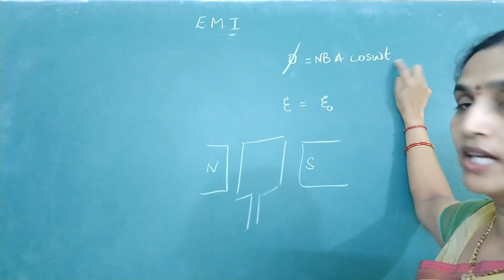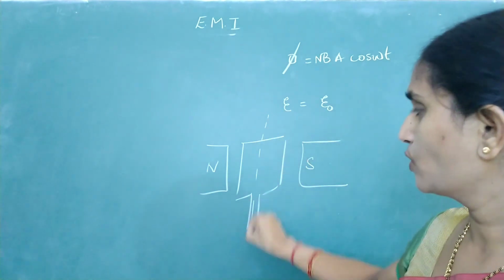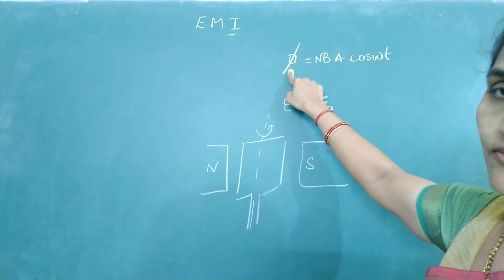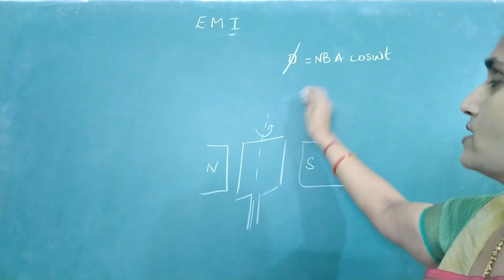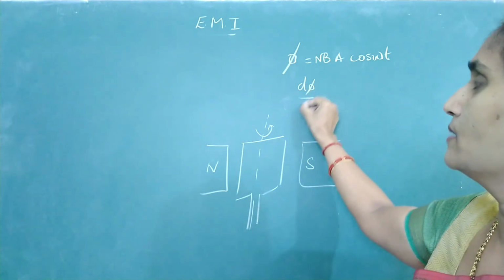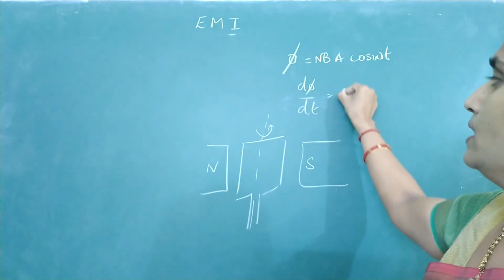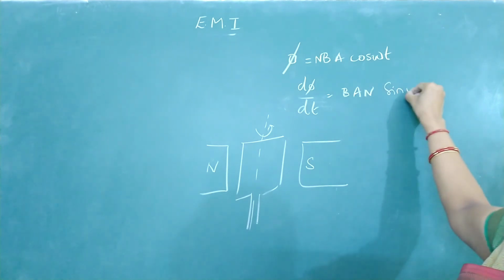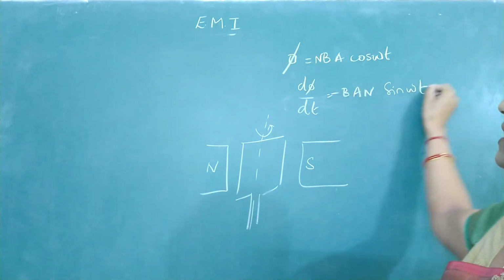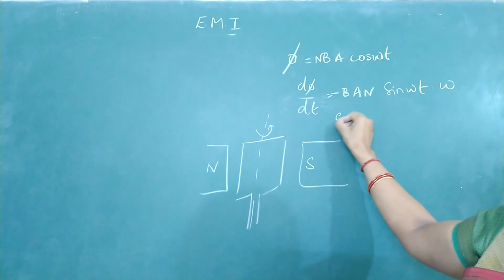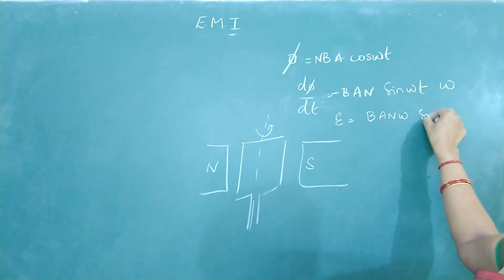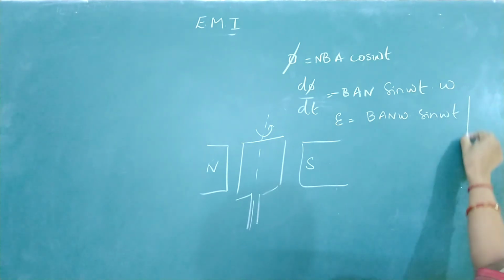Theta I have written as omega into t. If you rotate it with an angular velocity omega, there is a change in flux. When you differentiate this relation, what is d phi by dt coming out to be? BAN, differential of cos omega t is minus sin omega t into omega, so we get induced EMF as BAN omega into sin omega t.